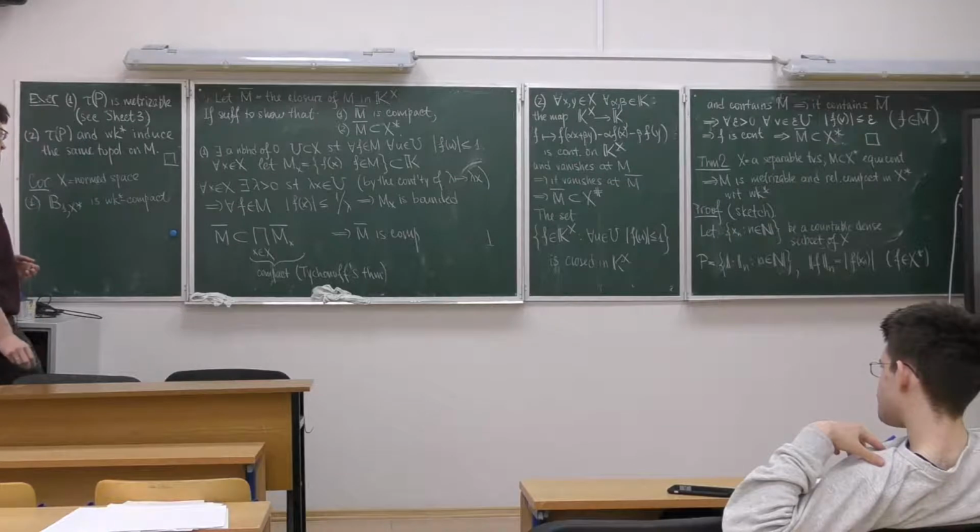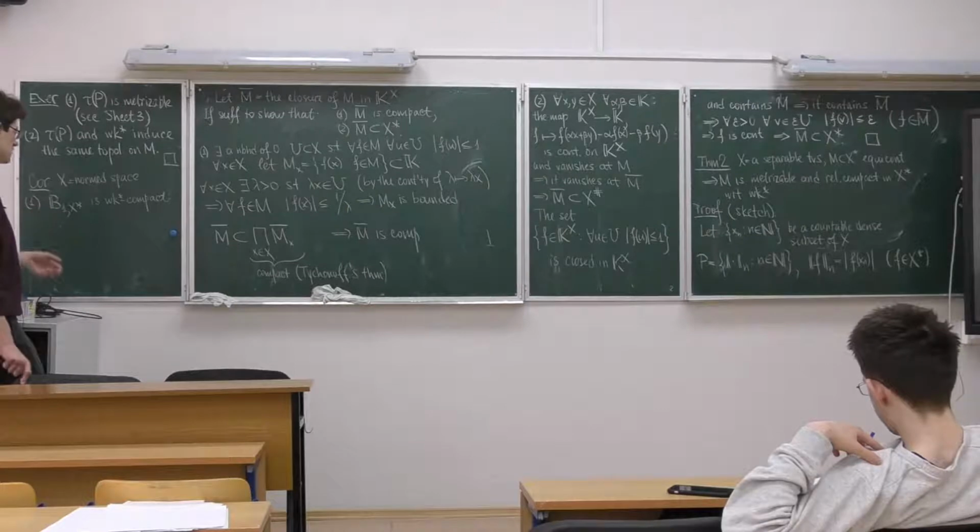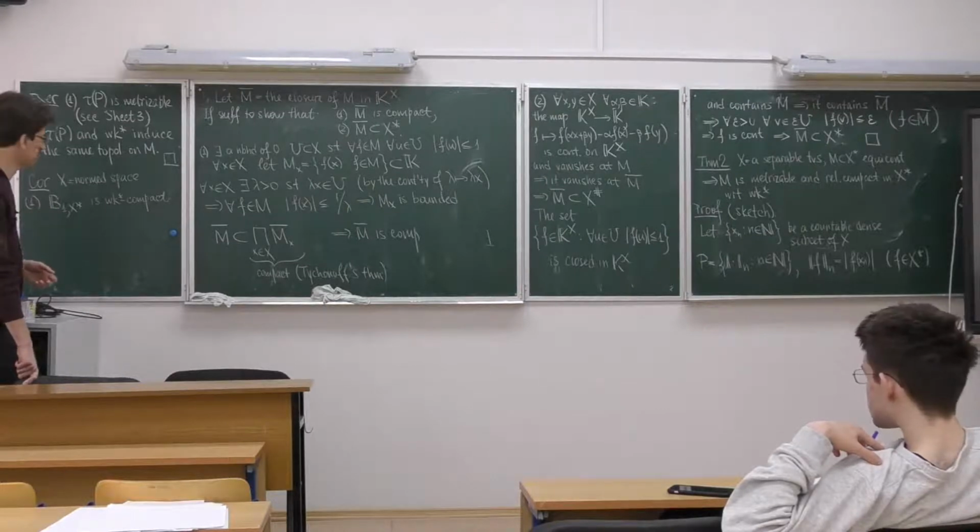By the way, let's recall that if X is infinite dimensional, then the unit ball is never compact for the norm topology, but we see now that it is weakly star compact.